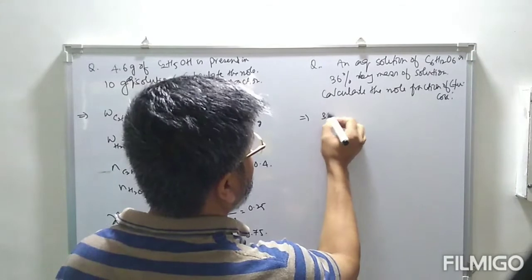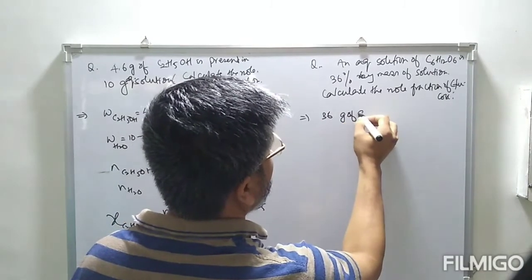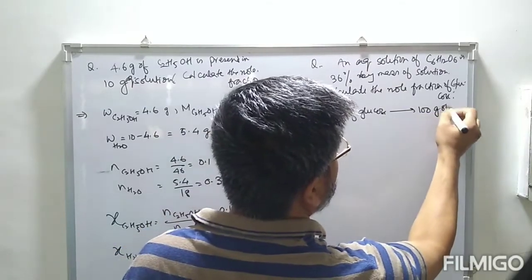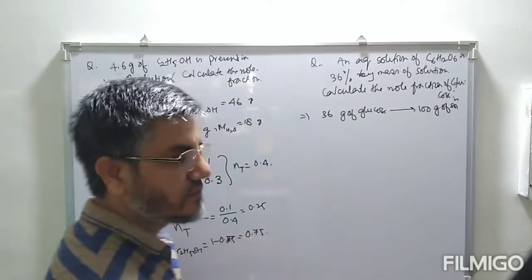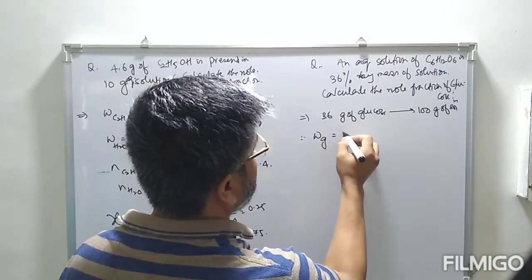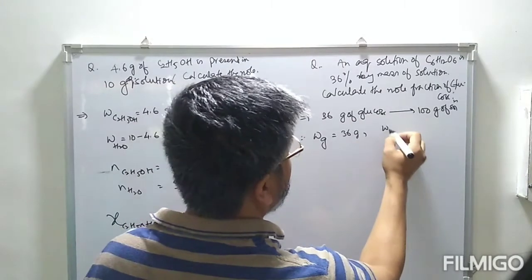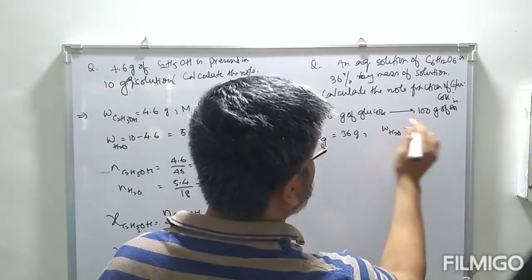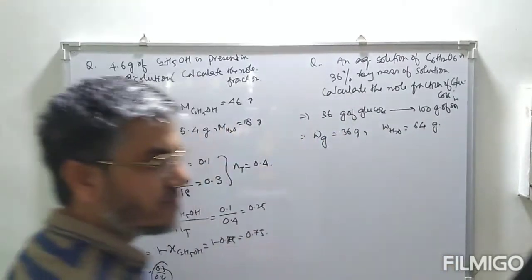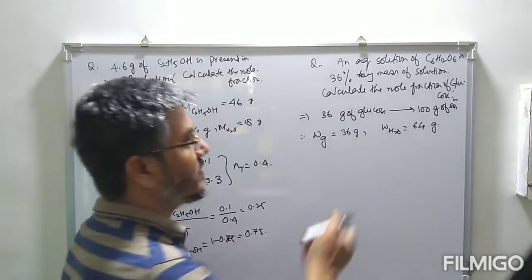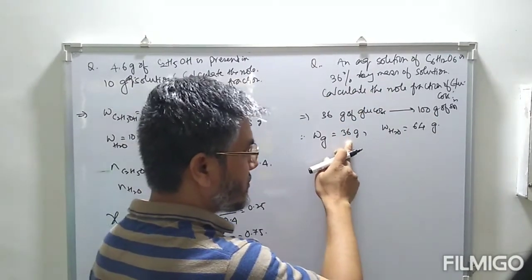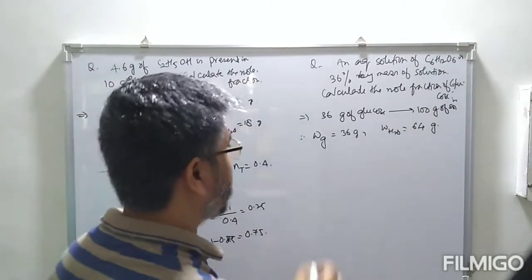So therefore 36 gram of glucose is present in 100 gram of solution. So therefore mass of glucose, that is 36 gram. Therefore mass of water is 100 minus 36, that is 64 gram. So total mass of solution is 100. All of these 36 is glucose, remaining 64 is water.